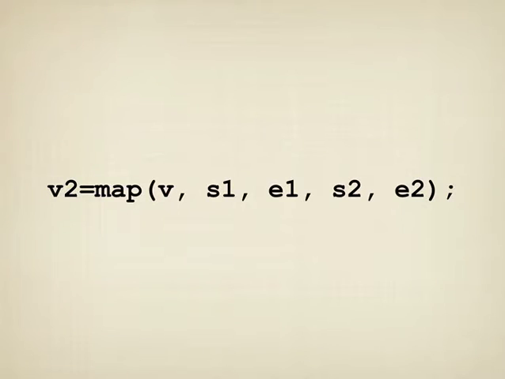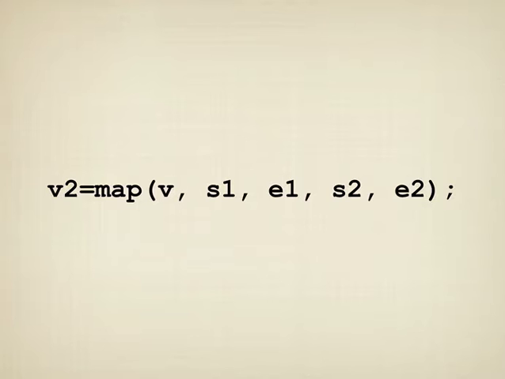You often see map written in a way like this. Now there's a lot of arguments here, no question. There are 5 of them, and that makes it kind of confusing and hard to remember. But let's walk through this because it's not so bad. The first one is v, that's the value. The value we start with belongs to a certain input range. And I'm marking that here as S1, E1 for start 1, end 1, the starting and ending values of the first range.